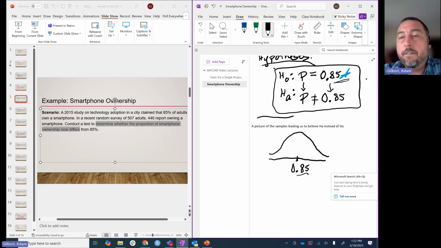And so if we're looking for the samples that would lead us to believe the alternative hypothesis instead of the null hypothesis, those would be sample proportions that deviate far away from the 85% that we're assuming.